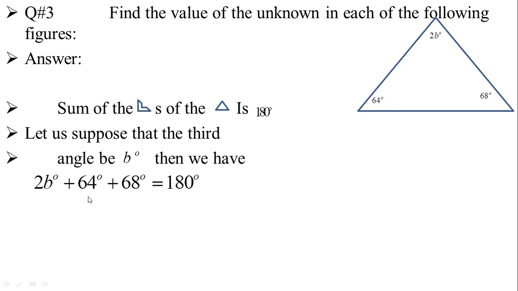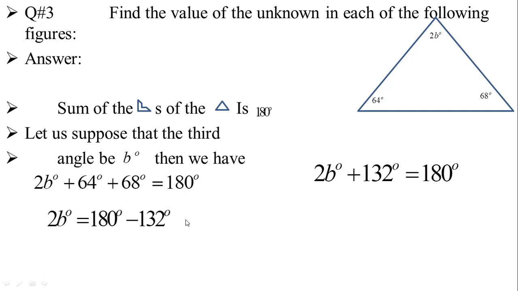Now we will add 64 plus 68, then we can write that 2b degrees plus 132 degrees is equal to 180 degrees. Then we have 2b degrees is equal to 180 degrees minus 132 degrees. 2b is equal to 180 minus 132, which is 48 degrees.